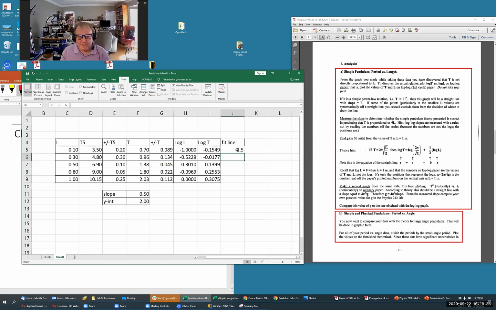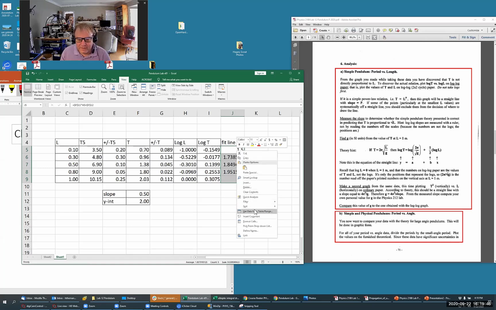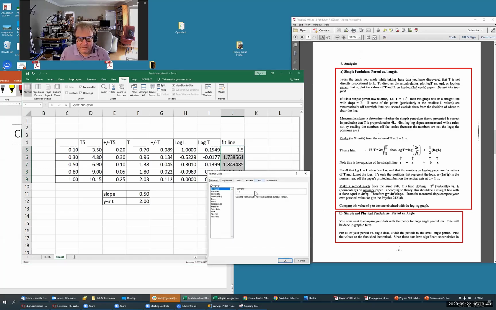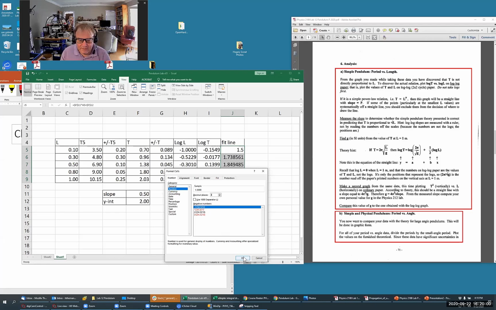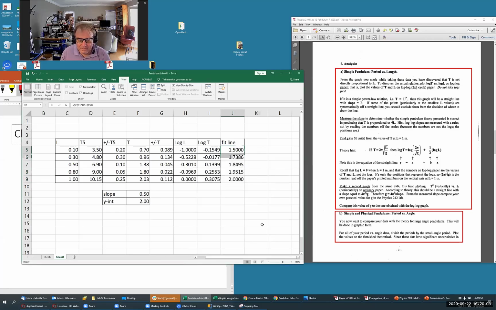Okay, so then, well, that doesn't look very promising, but you never know. So let's format cells. And since we think it should be the same, we'll say okay. All right, so here's the fun. We have log L, that's the x-axis, right?